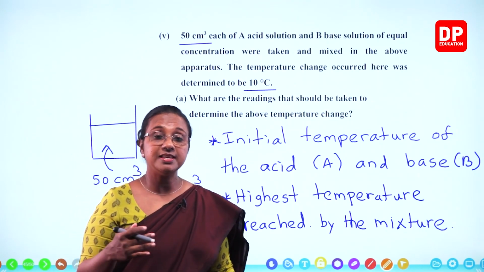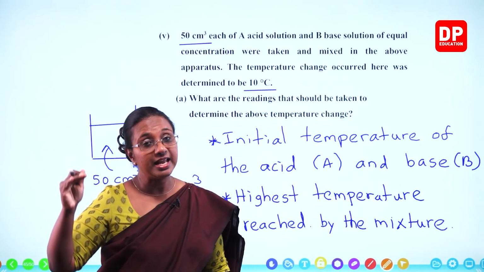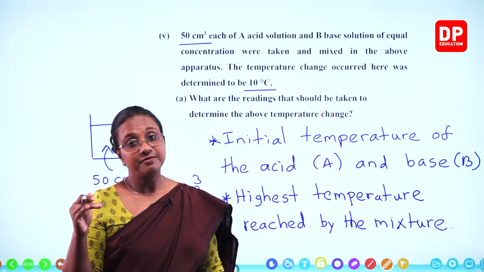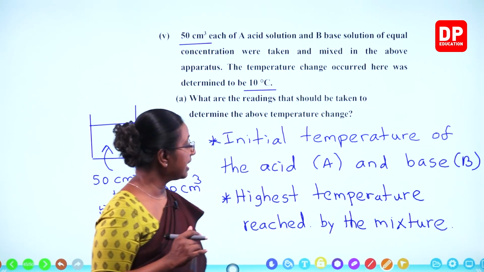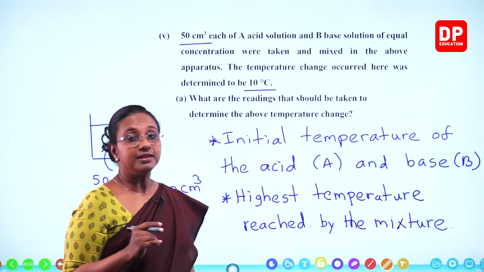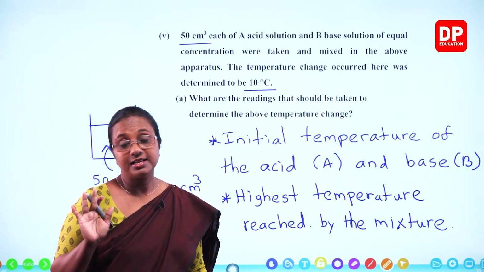So after mixing, the temperature will increase. It will reach a maximum value. Again, it will start decreasing. So after it starts decreasing, only after some time we stop the activity. So we take the reading, that is the highest temperature reached by the mixture. Is that clear? Do not write final temperature.